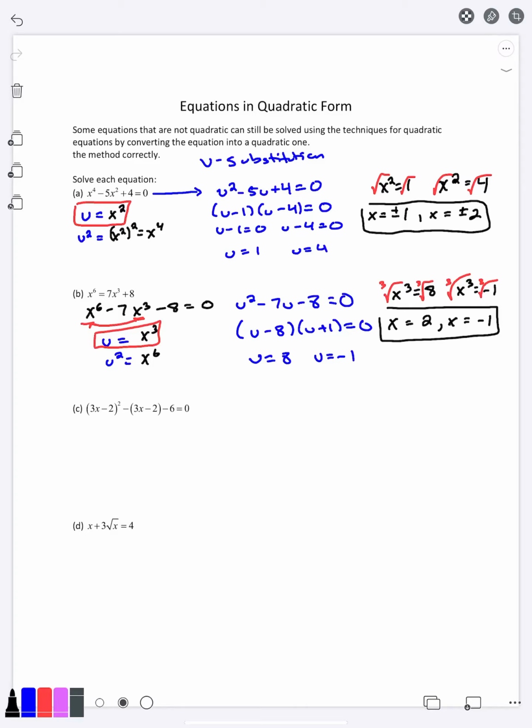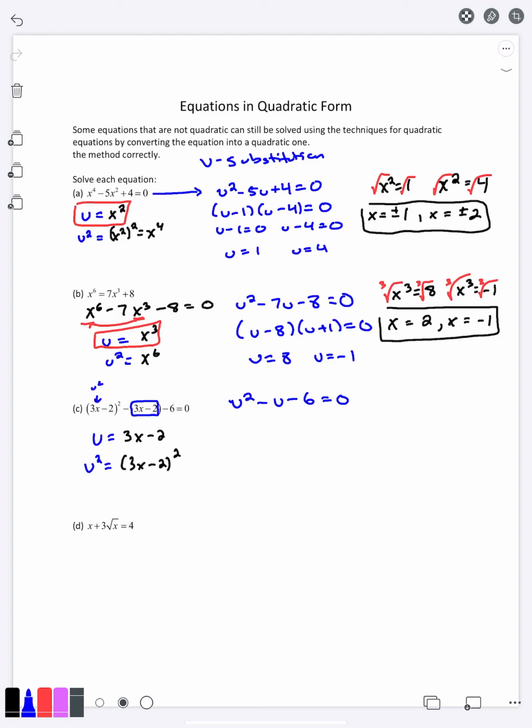For the next one, it looks like a big mess, but what we can do is take this whole thing here, 3x minus 2, and that's what our u is going to be. By choosing that as the value of u, the problem becomes much simpler. U squared minus u minus 6 equal to 0.